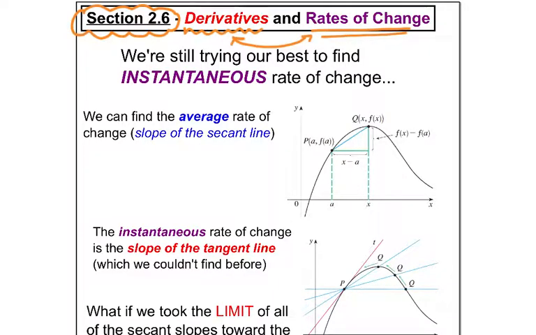Okay, we started the whole year asking the question on a graph, if I have a curve like this and I want to find the slope of the tangent line there, which we also said was the instantaneous change, right?